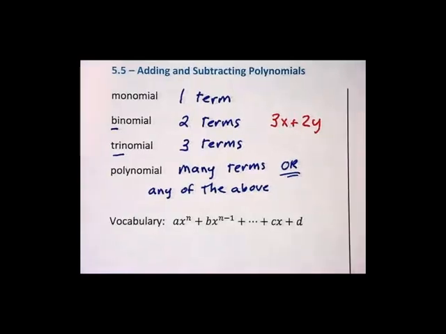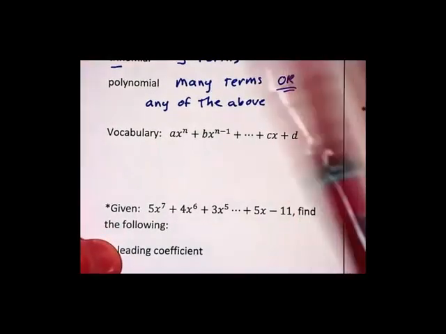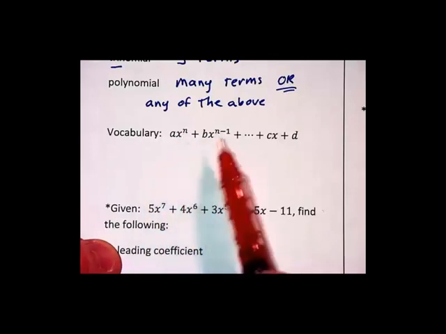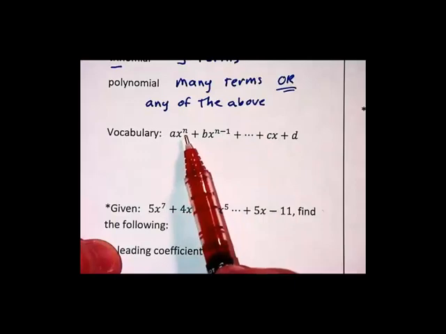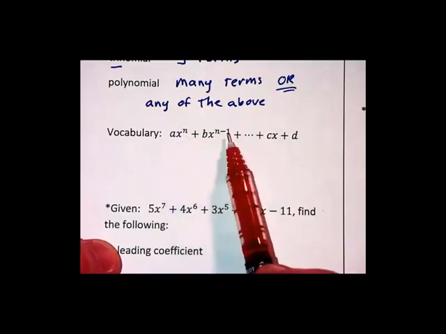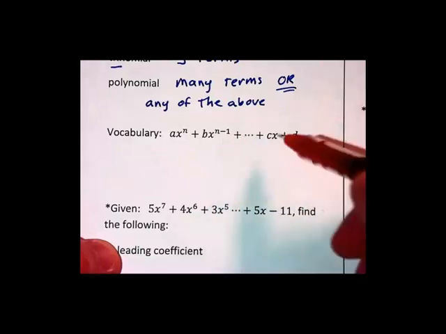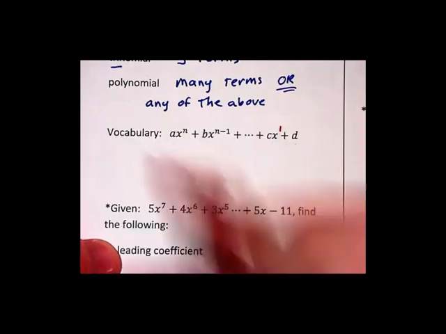As far as this vocabulary goes, I know this looks a little bit confusing here, but polynomials are written in descending order. Let's say we have x to the fifth, then x to the fourth, then x to the third. If we start with an exponent of n, we subtract 1 to get to the next exponent, and then 2 to get to the next, etc., until we have x to the first power, and then that last number there.